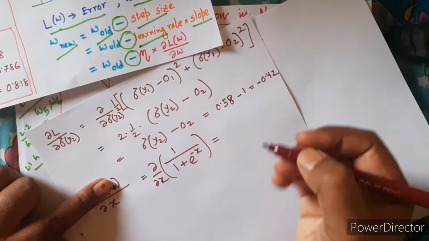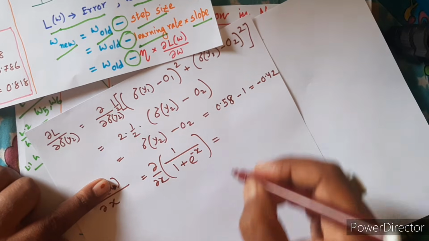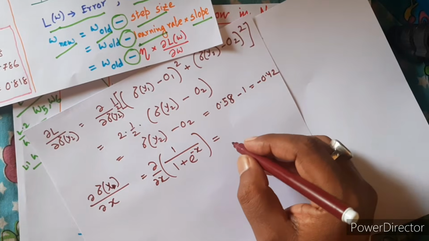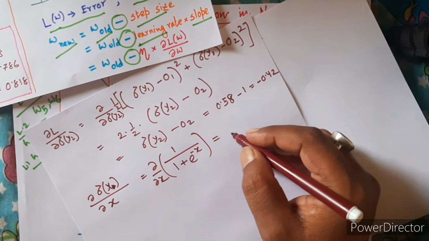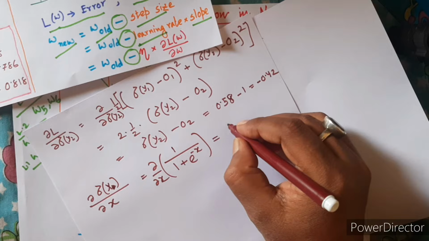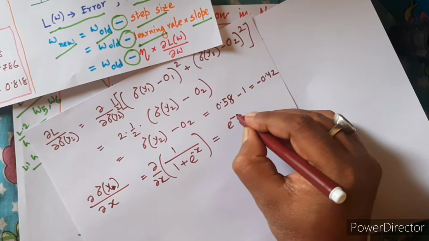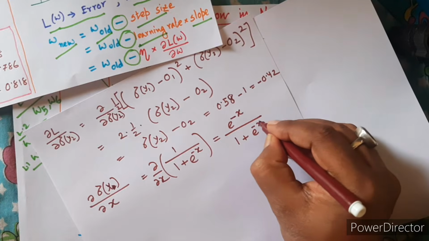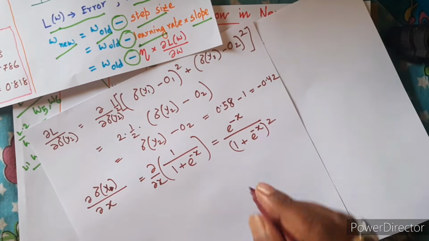So it will be e to the power minus x by 1 plus e to the power minus x whole square.